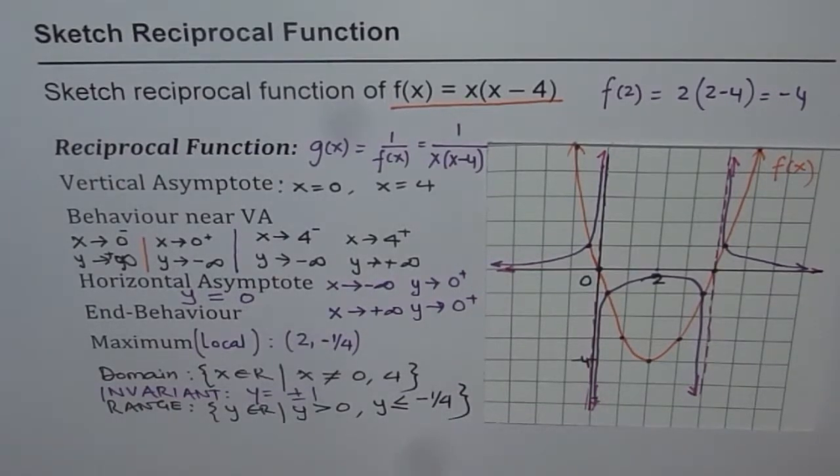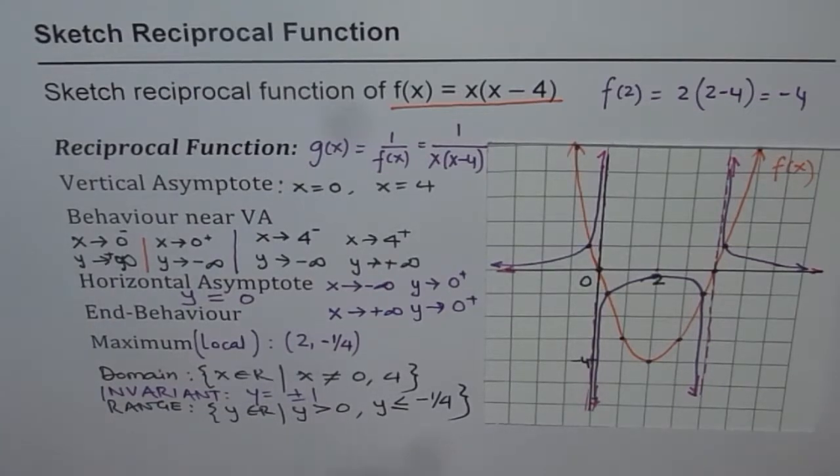And with that, we can complete sketching the reciprocal of a quadratic function. I hope you have a clear concept of how to do it and what are the good values to show on the graph.